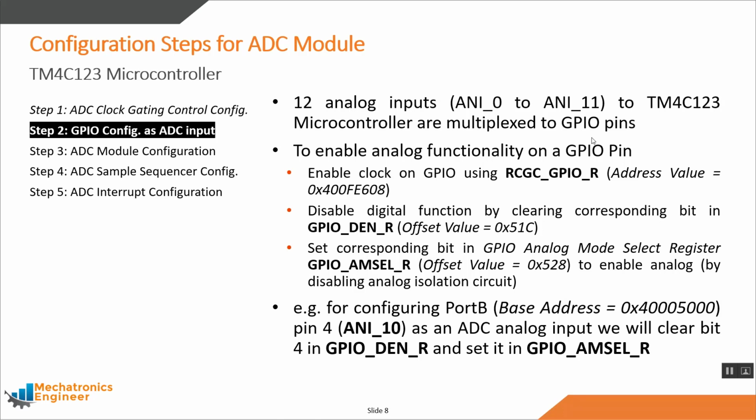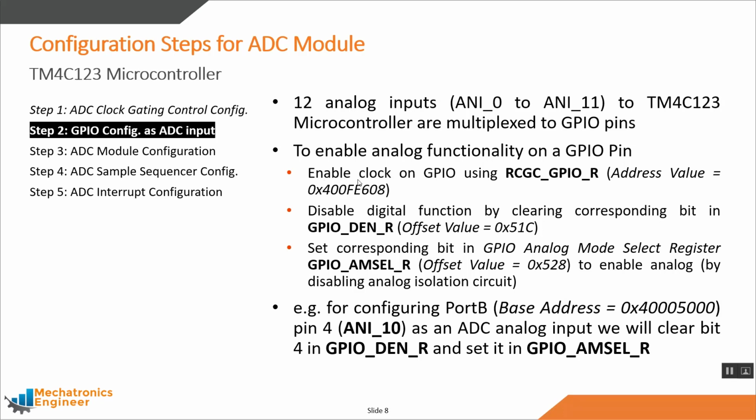To configure analog functionality on a GPIO pin, the digital function should be disabled by clearing the corresponding bits in the GPIO digital enable register that has an offset value of hex 51C. In addition, the corresponding pin in the GPIO analog mode select register, having an offset value of hex 528, should be set to enable the analog functionality on that pin.